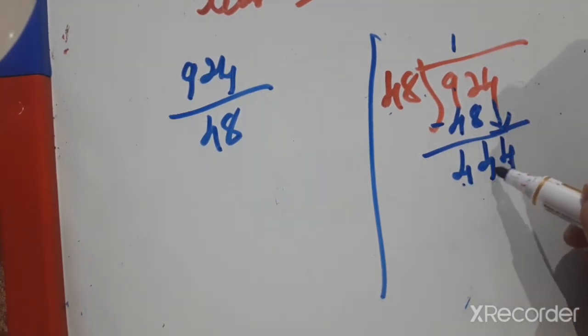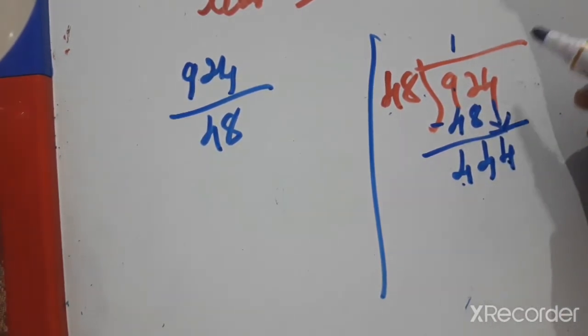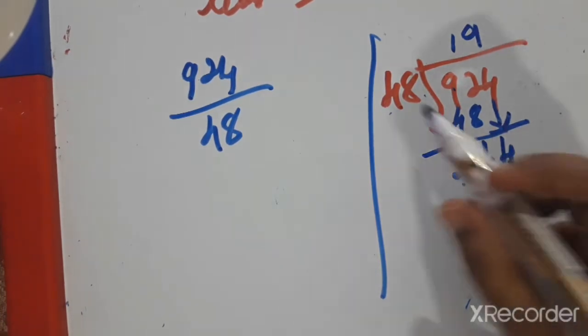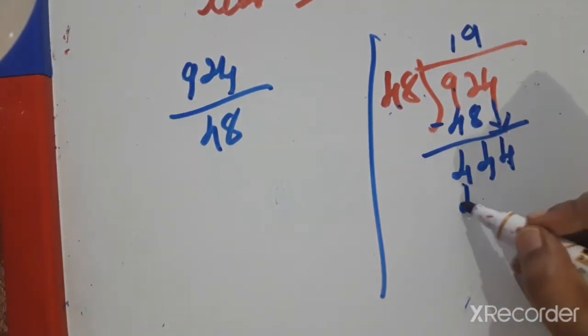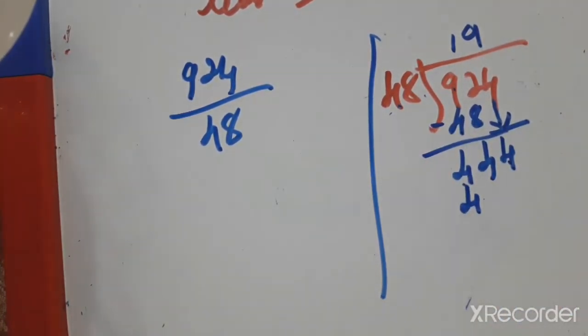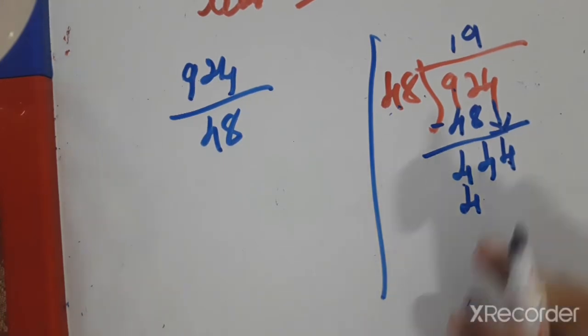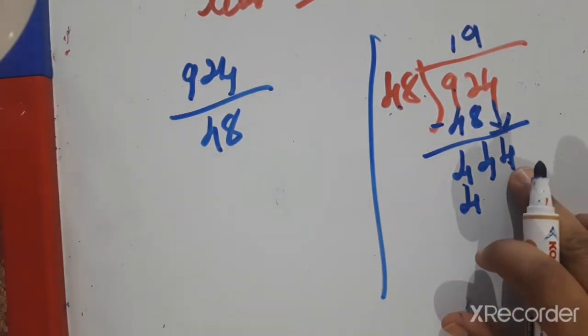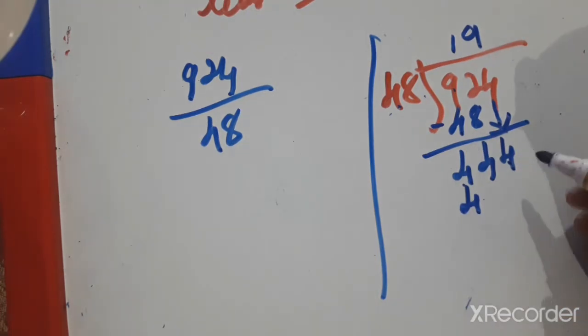Now 444. 48 how much? We have to multiply and check, children. 48 nines are 432. We can't remember the tables, so in each case you have to multiply and find the product nearest to the given number, or exact.